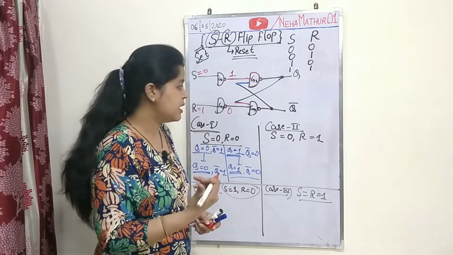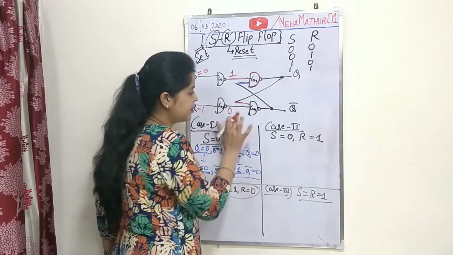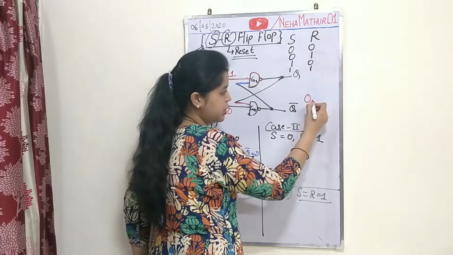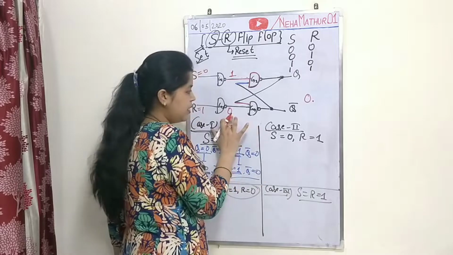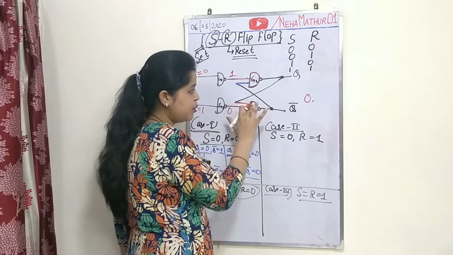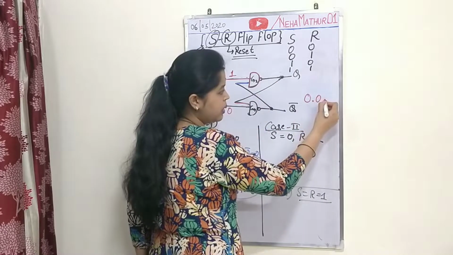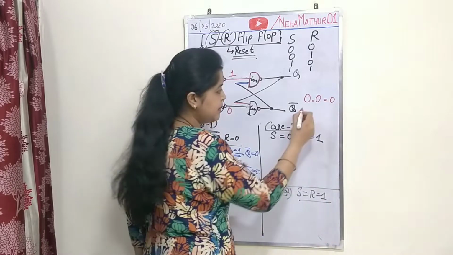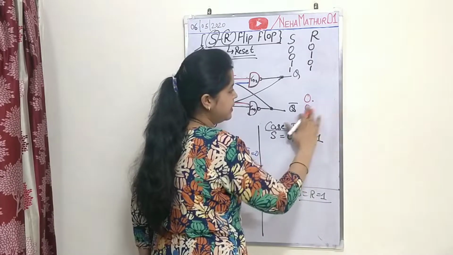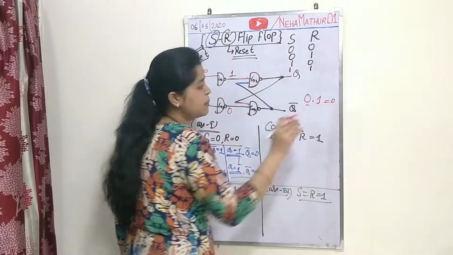Because since its one input is 0, let us assume that the second input is 0. If it is 0, their product will be 0. Similarly, if it is 1, the product will be 0.